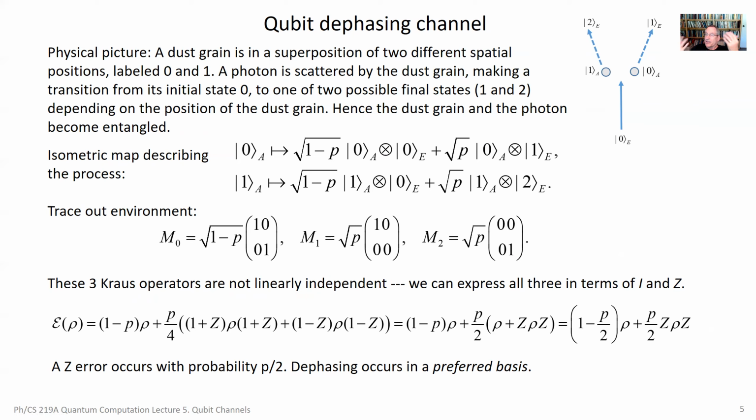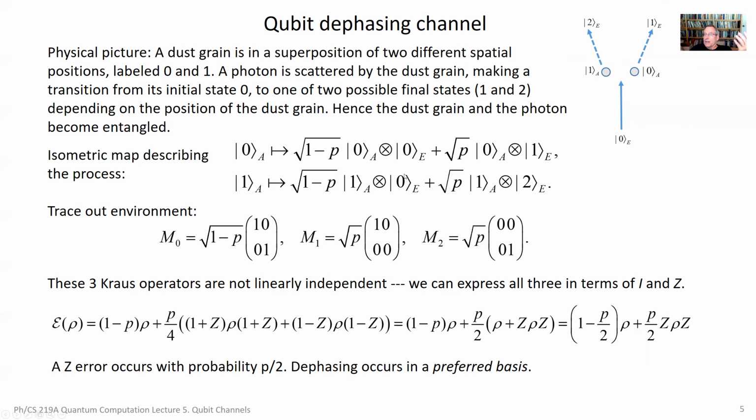But this process is a unitary process, okay? Everything's described quantum mechanically. And what happens is that because of this scattering, the photon becomes correlated with the dust grain. The state of the photon will either be 1 or 2, corresponding to whether the dust grain is in state 0 or 1.